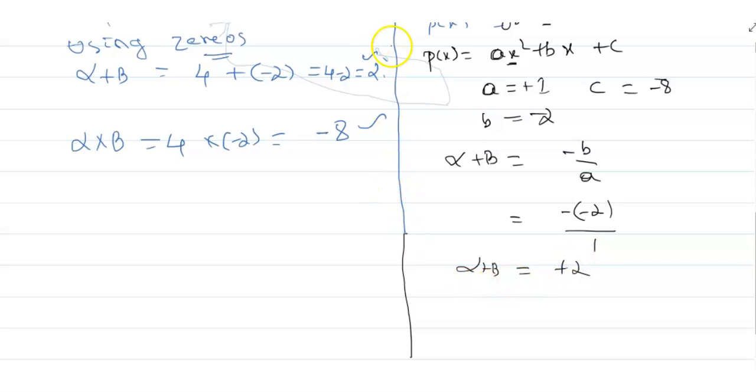Alpha plus beta is plus 2, right? Using zeros also, the sum of zeros, what are you getting? Same. Using coefficients also, the sum of zeros, same.